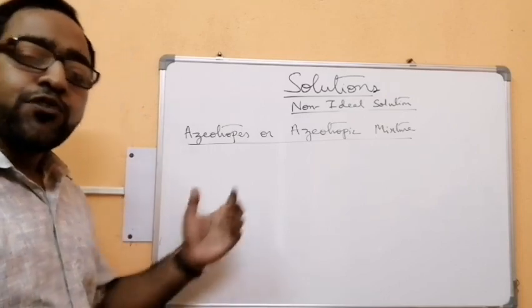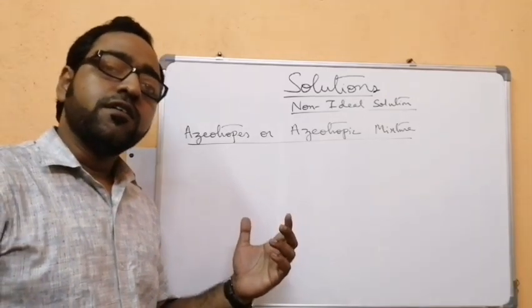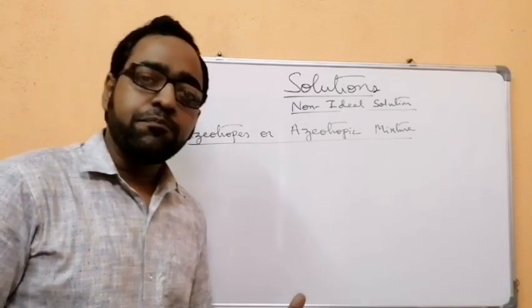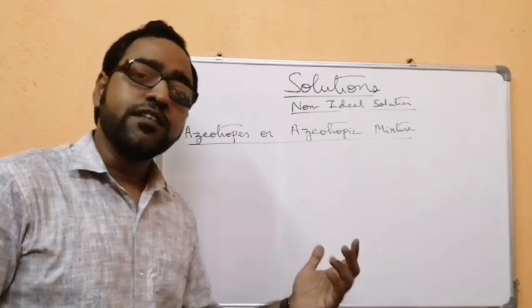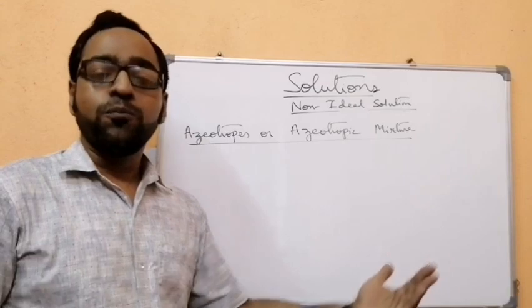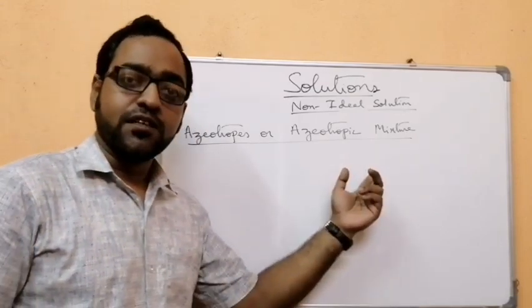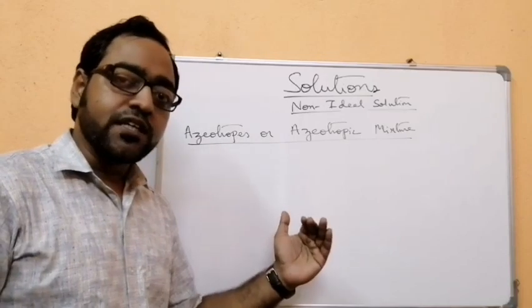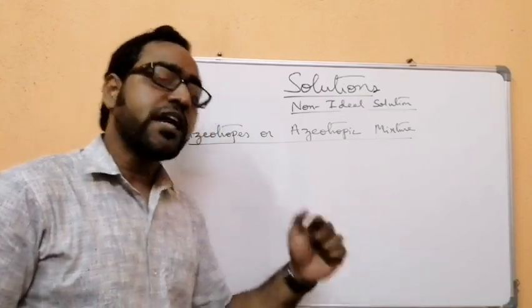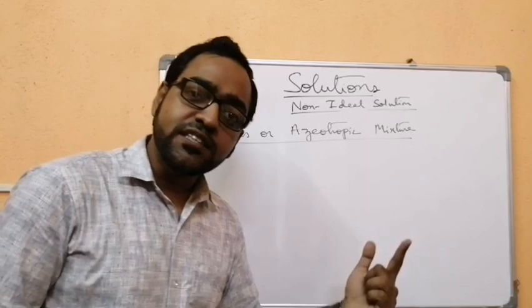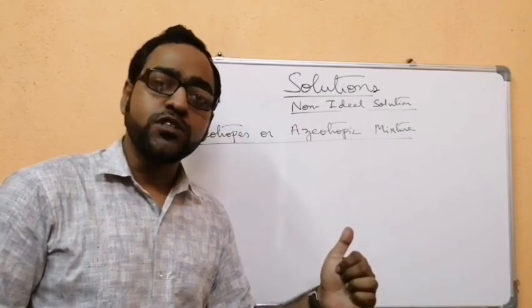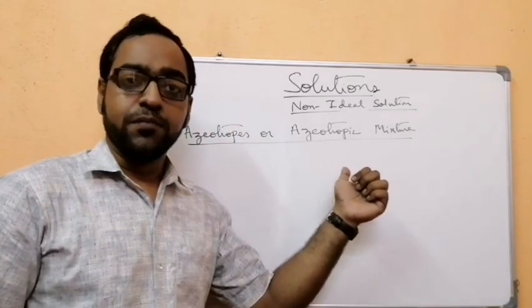Liquid mixtures which boil at constant temperature and can be distilled without change in composition are called azeotropes or azeotropic mixtures.